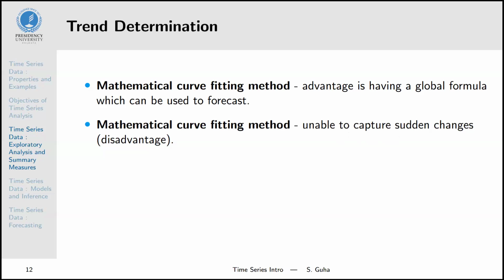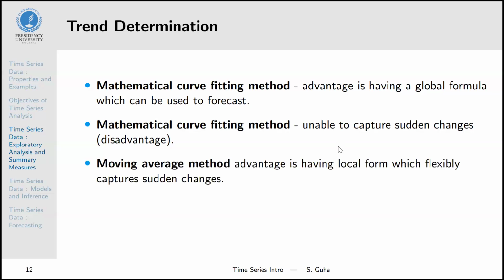After everything takes place, or the effect is revealed on the number of patients, you'll see a sudden change in the number of patients. Such sudden changes are not very well captured if you use the method of mathematical curve fitting.